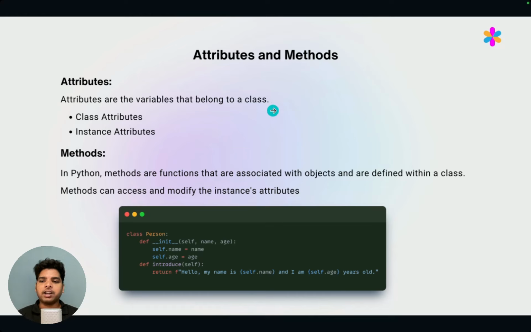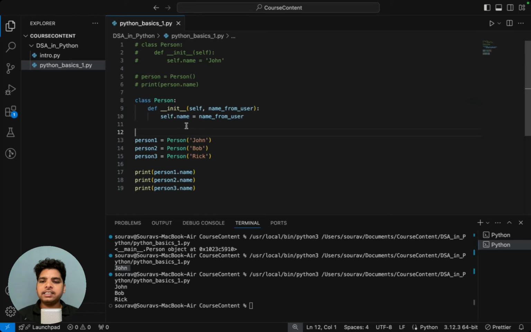Take an example. So this is a class and there is an attribute called name. We can only access this name when we create the object from this class. But if we just print name outside, it throws us an error. So we can't access the name from outside of the class.